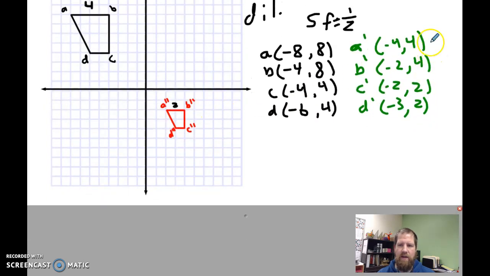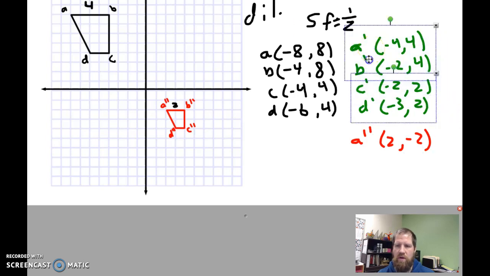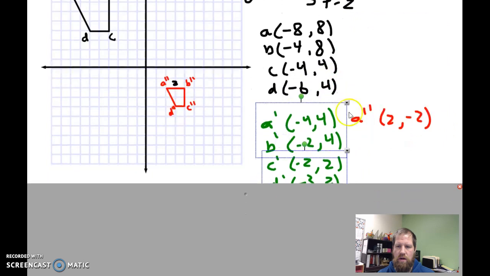I think I'm going to just do it mathematically. So this A double prime is at 2, -2. What I'm going to do is actually move all of these down here.